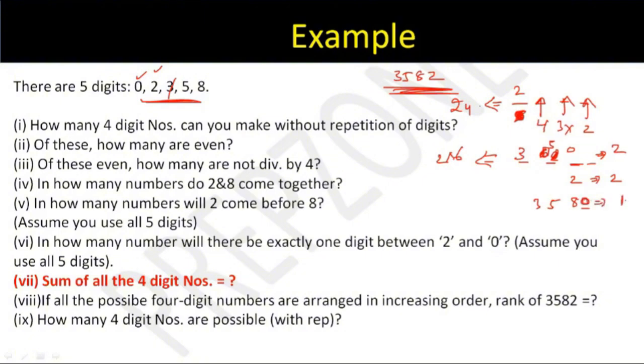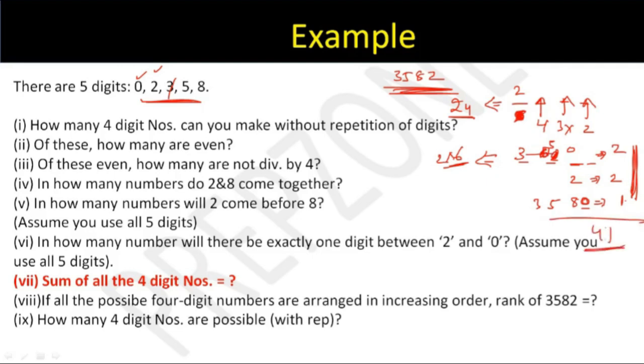So in total, how many numbers are there? 24, 30, plus 12, 36... 39... sorry, 41. So in total, you have 41 such numbers which are lower than that.